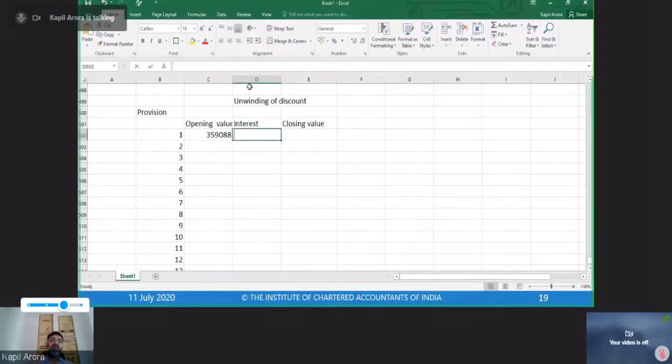So that 10% will now be added to the value here into 10%. If we add 10%, so it means it becomes 35,909, which is the interest cost. Now this interest cost, which we have calculated, will be added to my closing value. So my closing value would be opening plus interest.